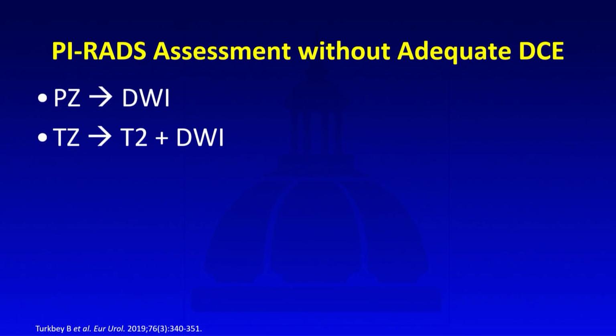And quality imaging is also important. There's a lot of discussion about a PI-QUEL score for quality, so that we basically put a qualifier on how confident you are about the prostate MRI, because how good your interpretation is contingent on the quality of the exam.